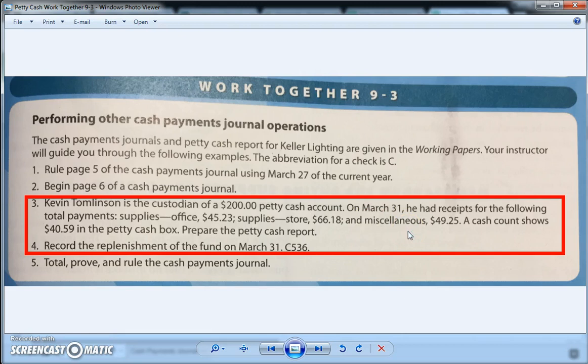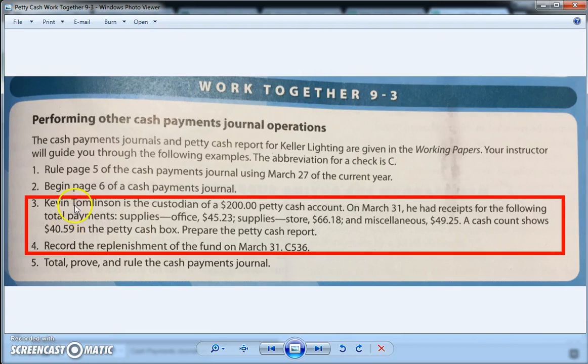He also found an actual amount of cash inside of the lockbox that was equal to $40.59. So there was $40.59 worth of cash inside of the box when he opened it up.